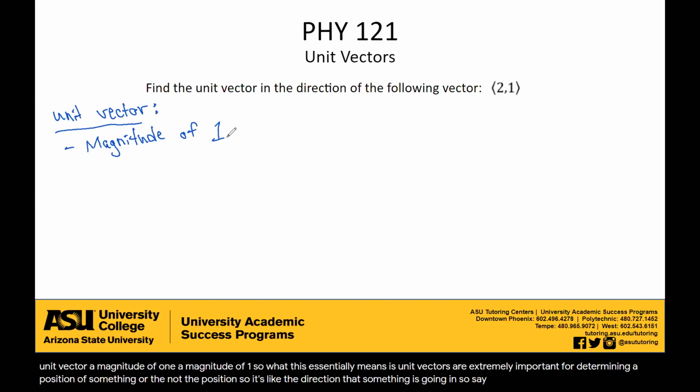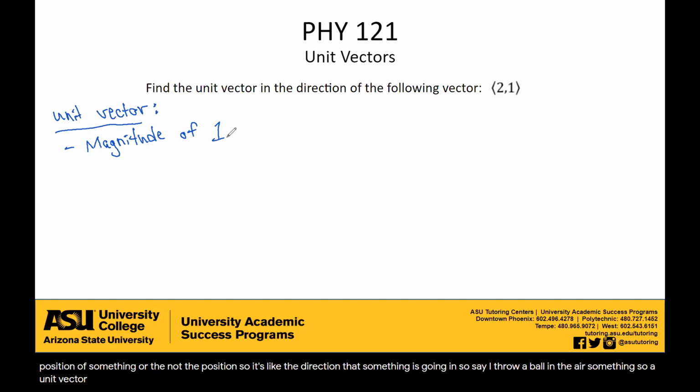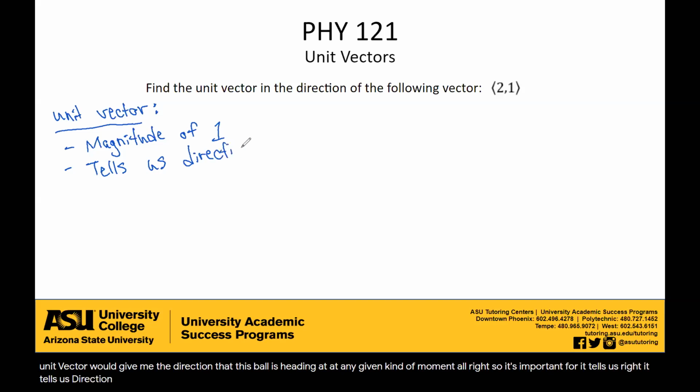So say I throw a ball in the air. A unit vector would give me the direction that this ball is heading at any given moment. It tells us direction, so it's very important.